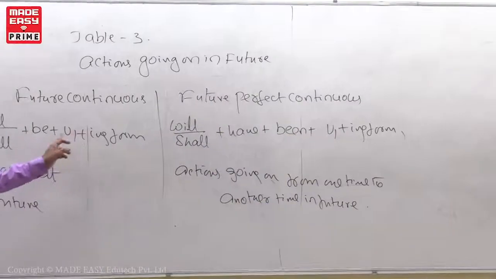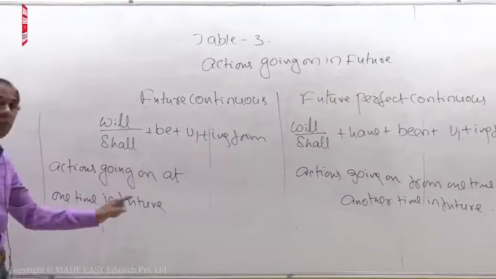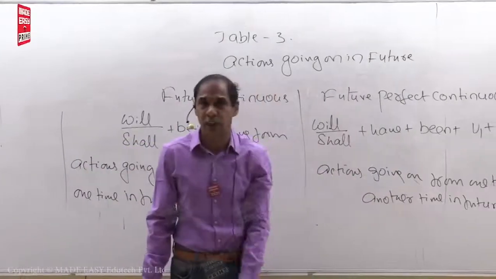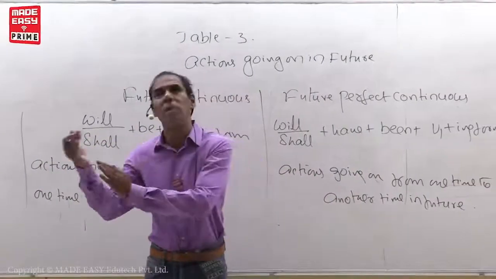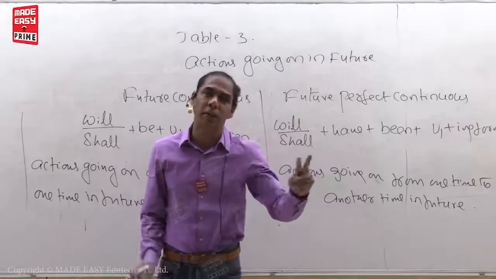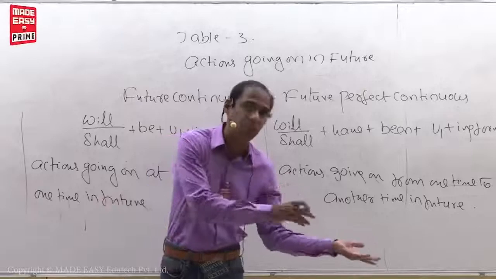Okay, action going on at one time in future: future continuous. Future perfect continuous: one time to another time. Just like past continuous and past perfect continuous. Only one time is there, continuous. Two times are there, perfect continuous. It may be past or future.